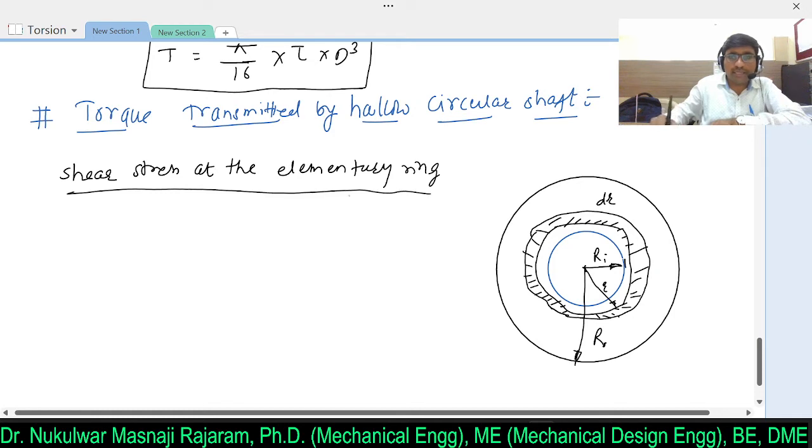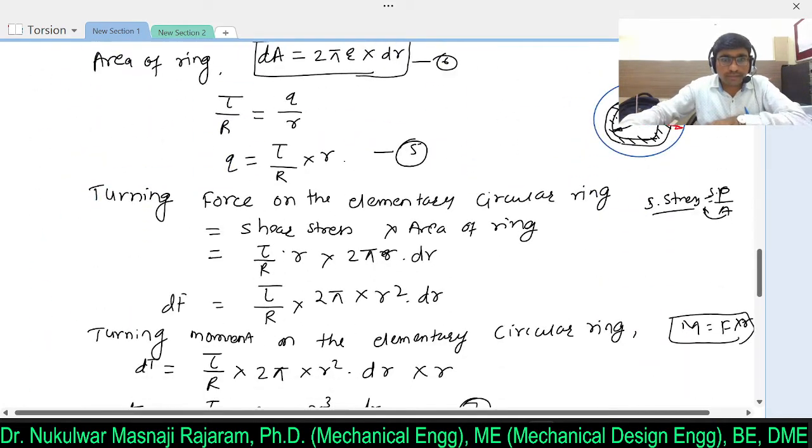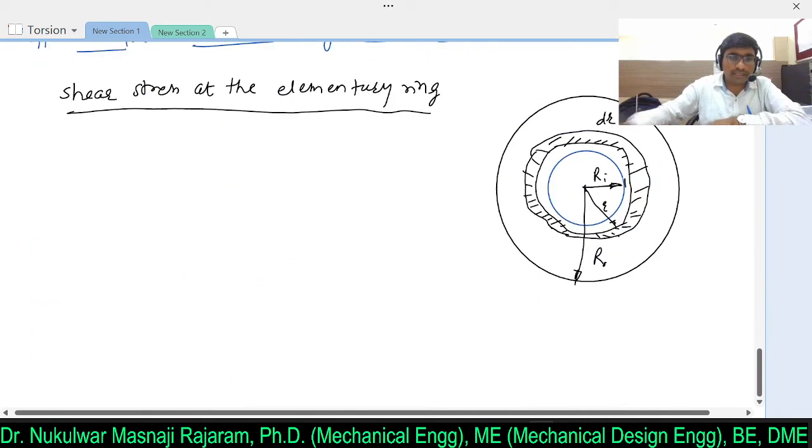Shear stress at elementary ring, that is q. So as we already derived over here, clear? So that is tau by r equal to q by r. So from equation I will rewrite q, it will be equal to tau into r divided by R.